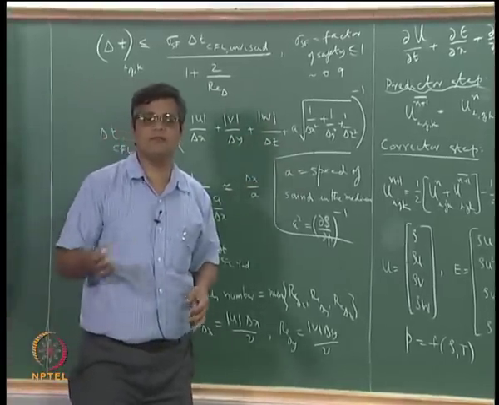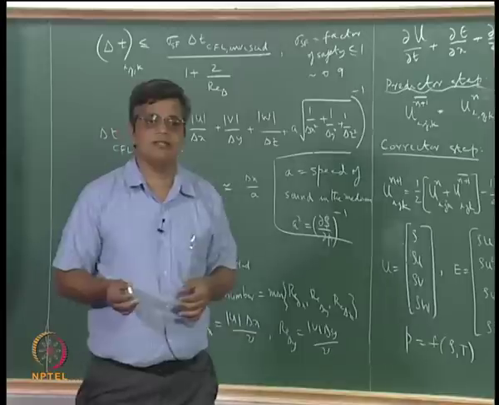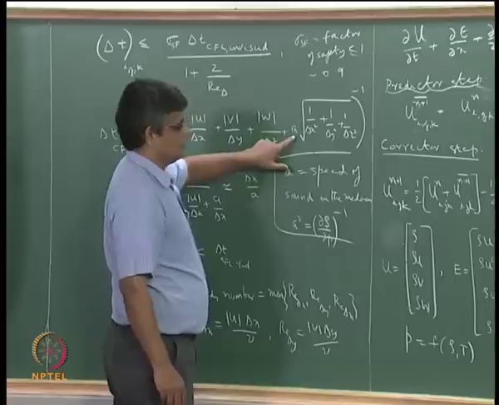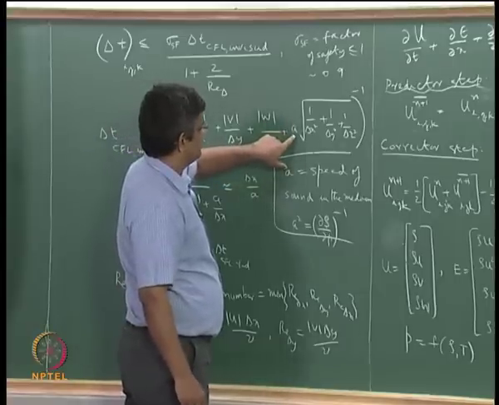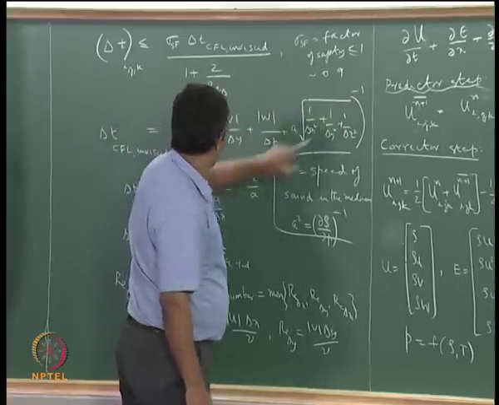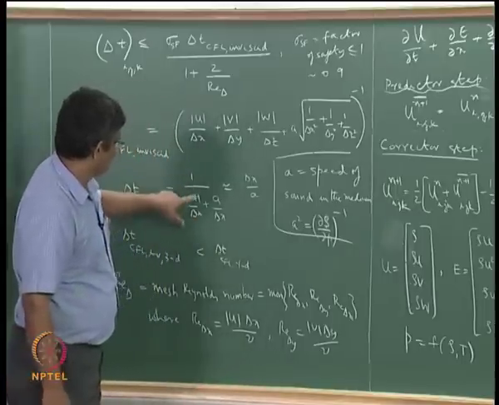For a purely incompressible flow, the speed of sound is infinity. Okay. Now what happens when the speed of sound increases? As it increases, this increases. So 1 by this, which we have put here, 1 by this increases.